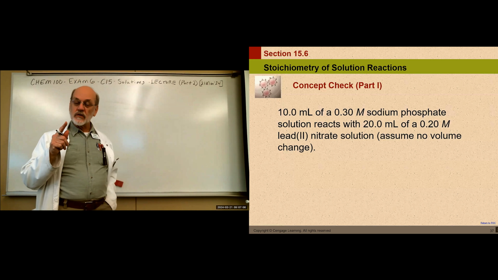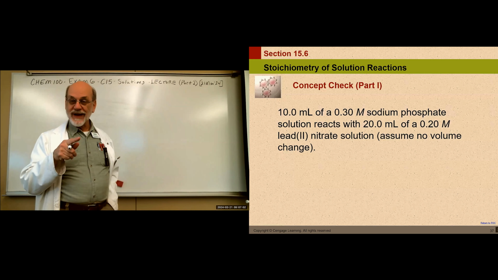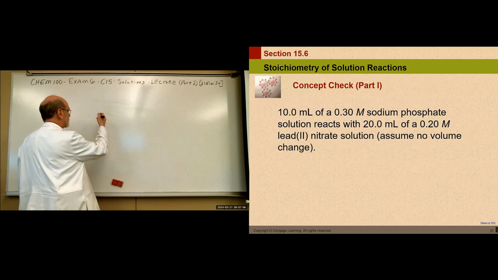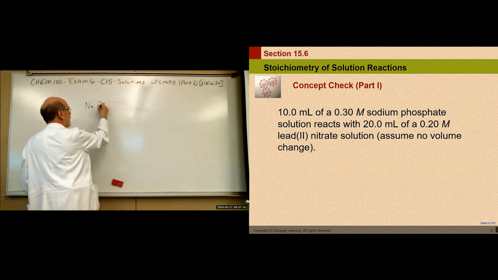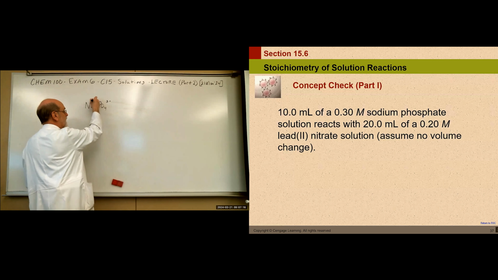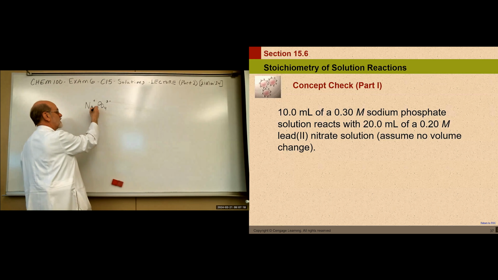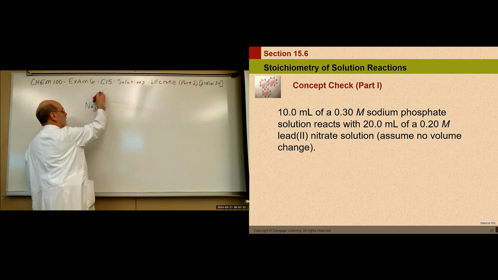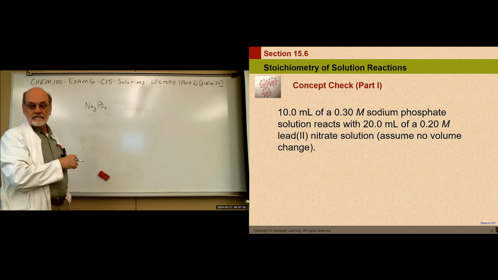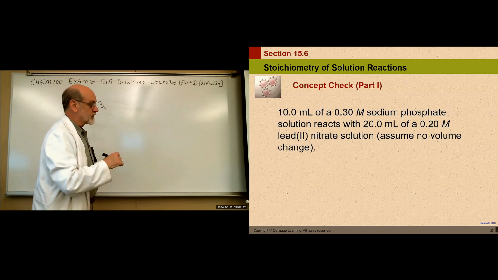First thing you need to do is write the compounds correctly from their names. Sodium phosphate. Right? There's sodium. There's phosphate. And we know that phosphate is a polyatomic ion with a 3- charge. Sodium is an alkali metal with a +1 charge. So we need 3 of them to correctly write the formula. And this is in aqueous solution.